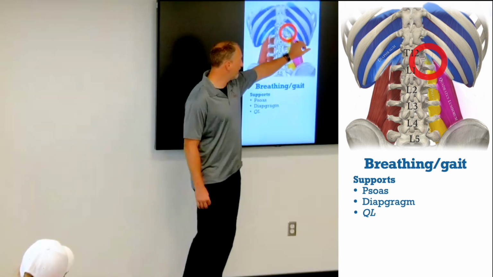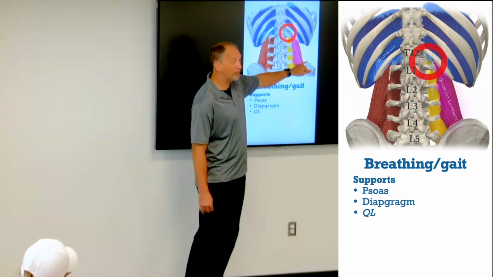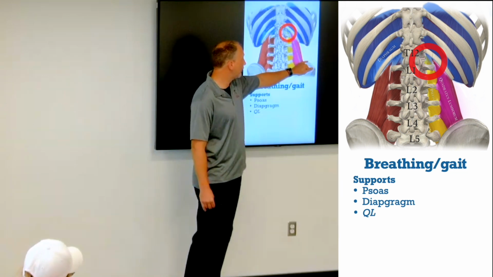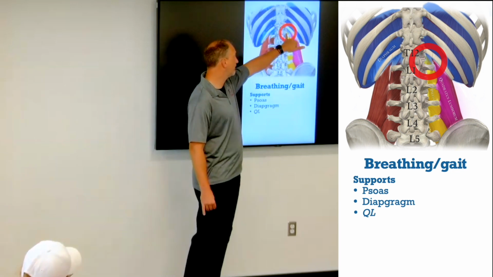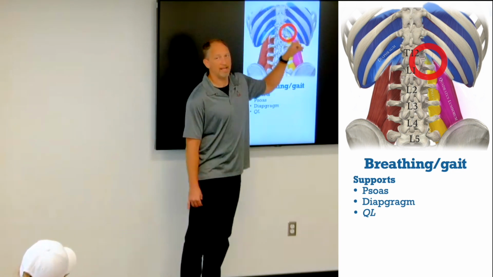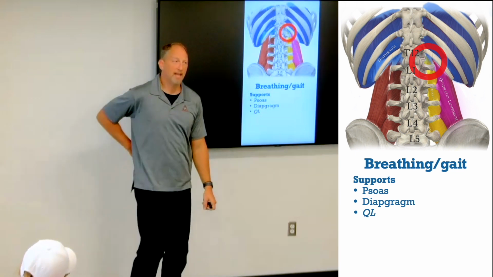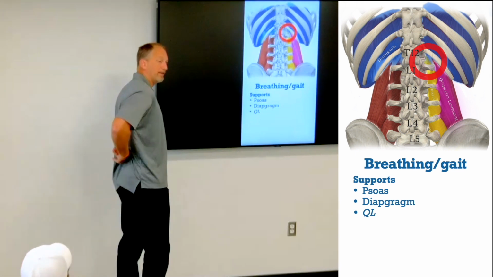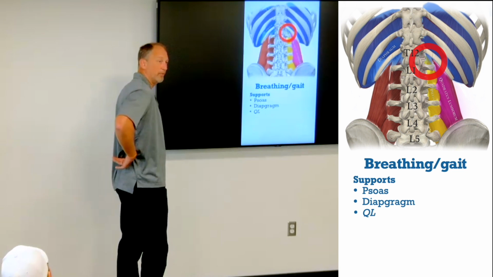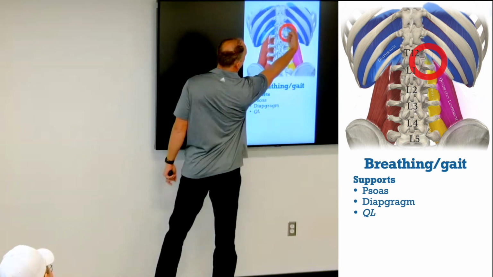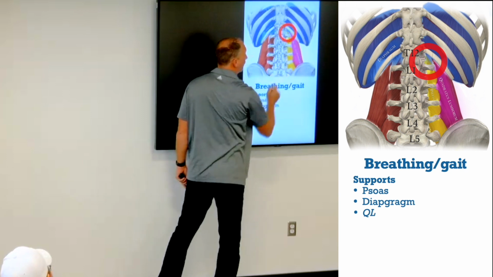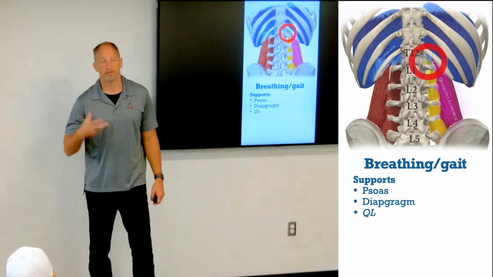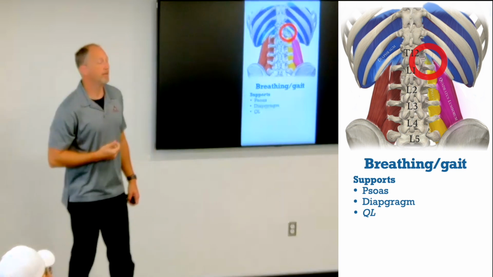The QL is not as intimately tied in because it attaches to the iliac crest. This is an area where we can access all three, the psoas, the quadratus, and the diaphragm. Easiest way to find that, find the transverse processes of the lumbar spine, find the lowest rib, and where that lowest rib and the transverse processes come together, that's right where those three structures meet.